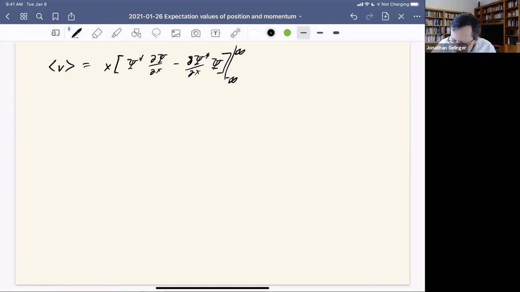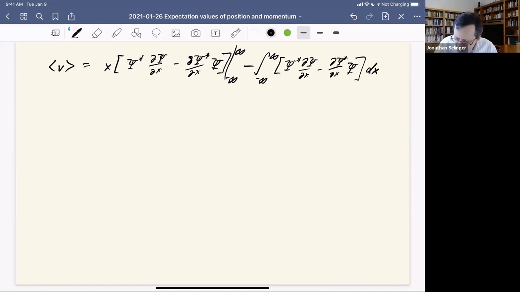And then minus the integral of v du, so it's psi star d psi dx minus d psi star dx times psi, all integrated dx.